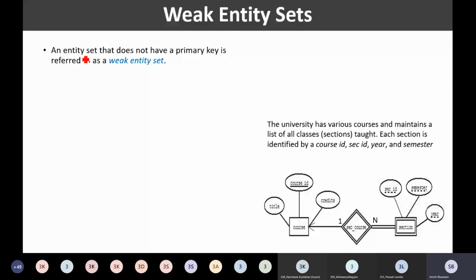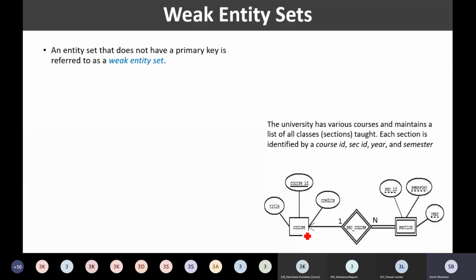So an entity set that does not have a primary key is referred to as weak entity set. So as I stated, this weak entity set section is not having its own primary key, but we can create a primary key for this weak entity set by making use of the identifying entity set associated with this.